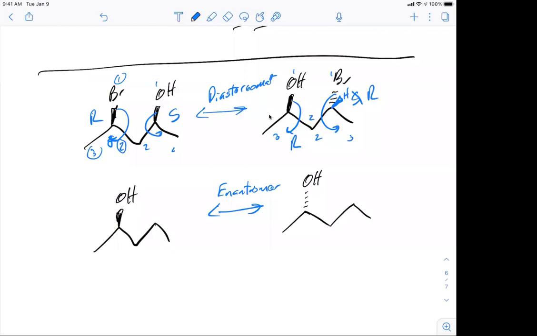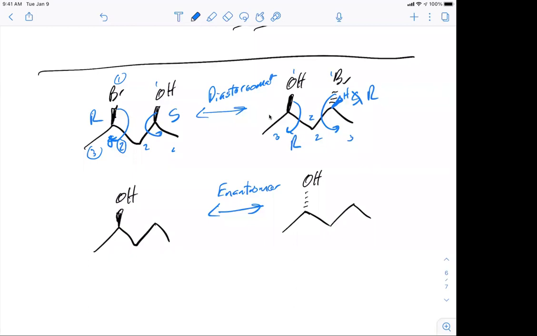So you can tell these are diastereomers whenever you go from RS to RR. If you only change one of those two, that's going to be a diastereomer. So if you go from RR to RS or SR, or if you go from SS to SR or RS, those are all going to be diastereomers.